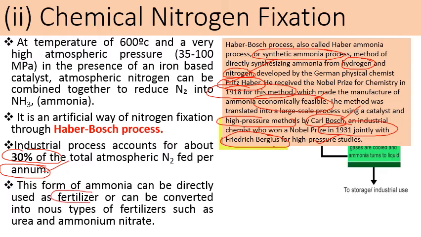So this form of ammonia can be directly used as fertilizer or can be converted into other types of fertilizers such as urea and ammonium nitrates. So या तो हम इस form of ammonia को directly use कर सकते हैं as a fertilizer और किसी और form में.